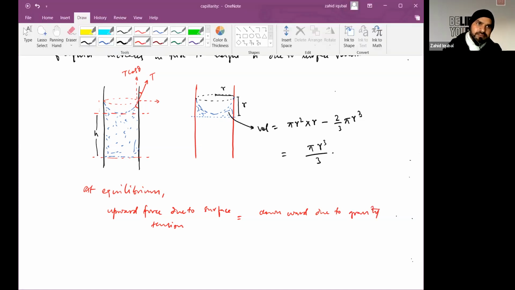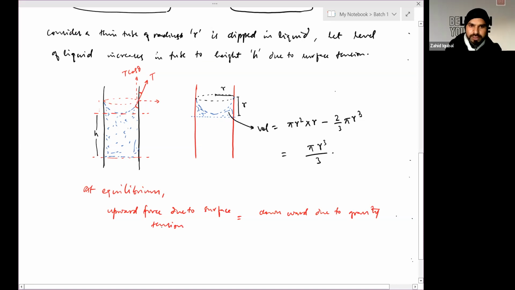Now, upward force due to surface tension will be equal to T cos theta times its length of interaction, that is the perimeter of that boundary, 2 pi r, must equal the total downward force, for which we have two different types. One is the cylindrical column.